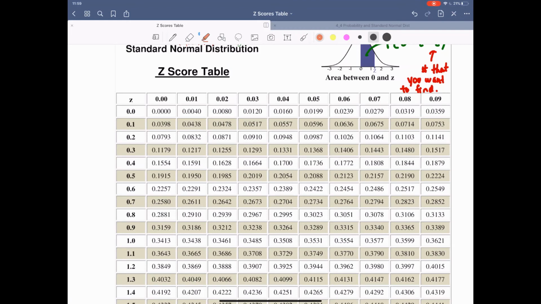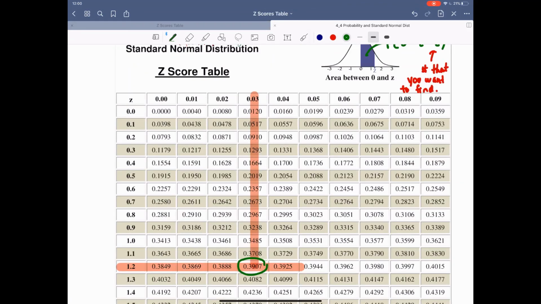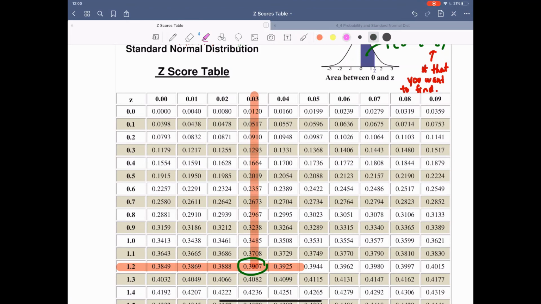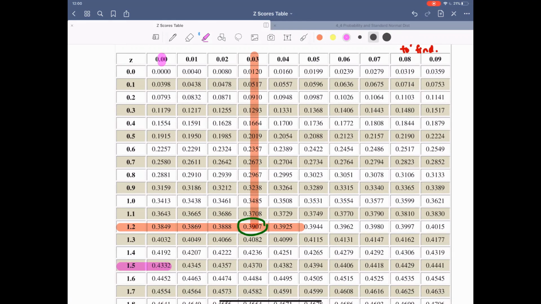Okay, so 1.2, and for the second decimal place, 0.3, and the value of interest is 0.3907. Whereas for -1.5, we look up the value of +1.5. So 1.50 is 0.4332.